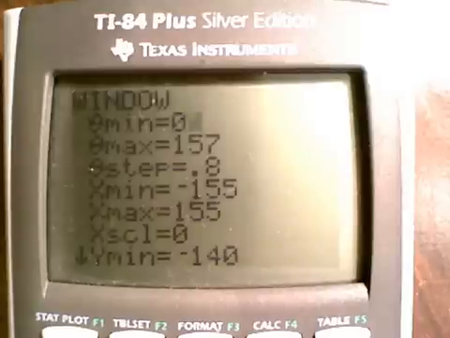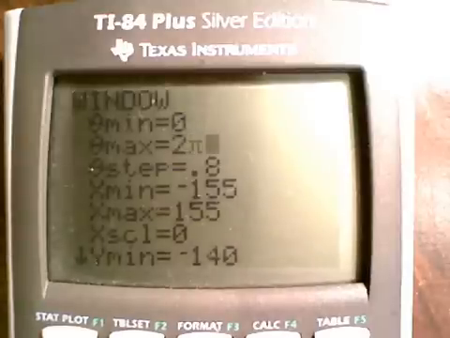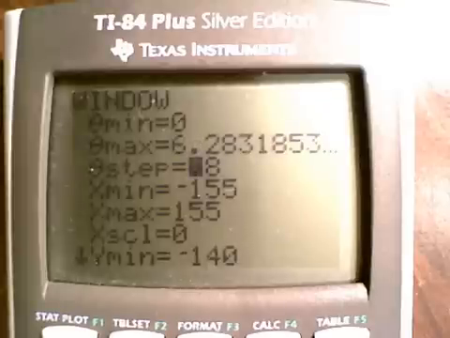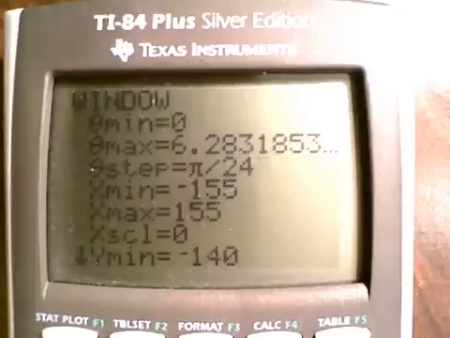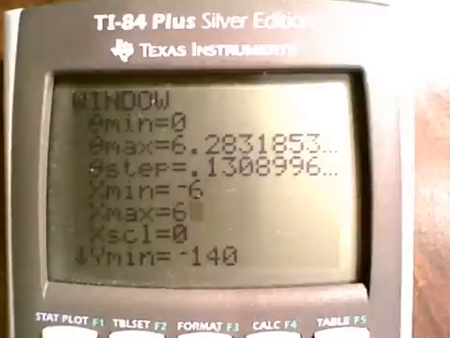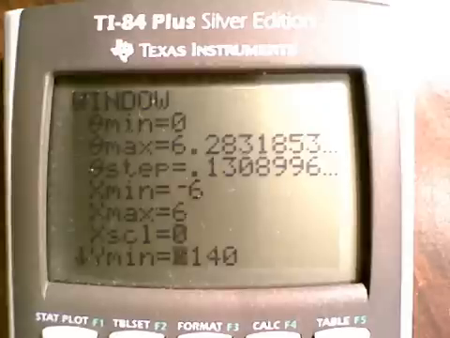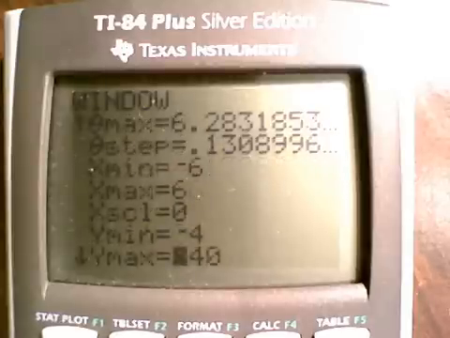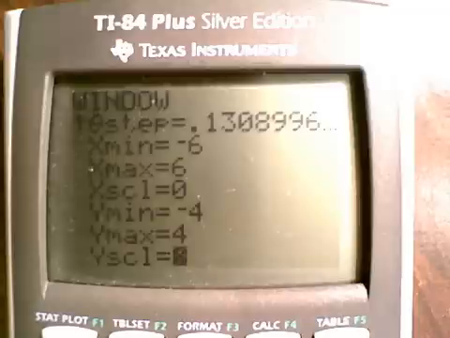Theta min 0, theta max 2 pi. Theta step of pi divided by 24. And then x min is negative 6, x max of 6, x scale of 0, y min of negative 4, y max of positive 4, and a y scale of 0.